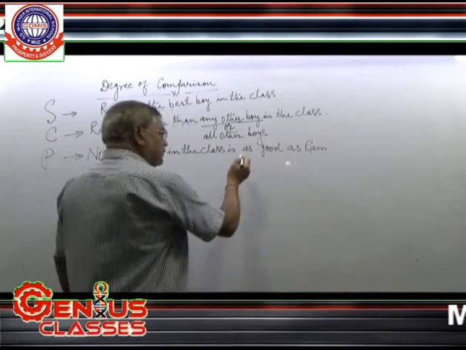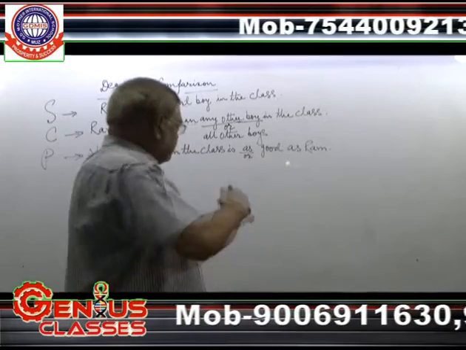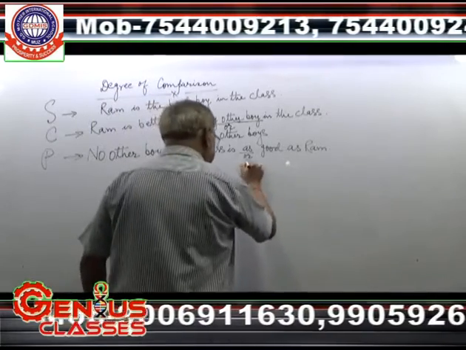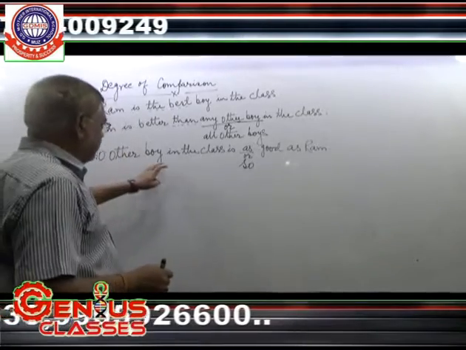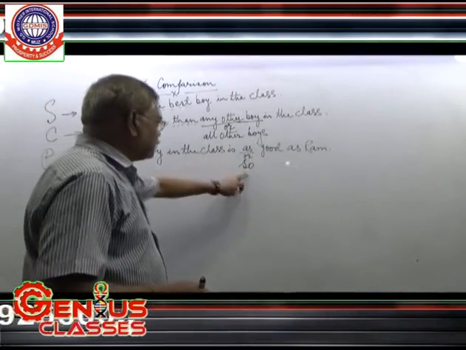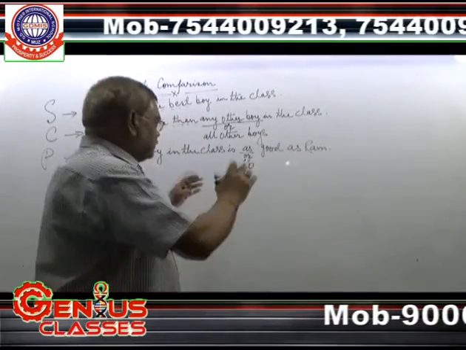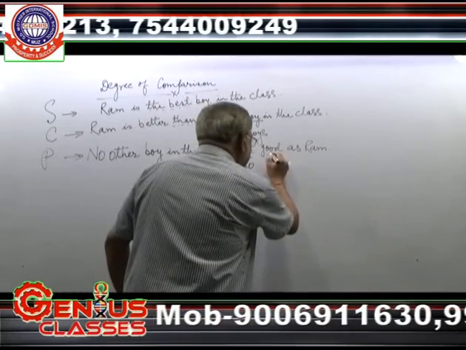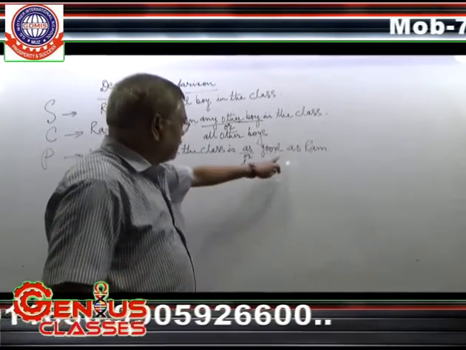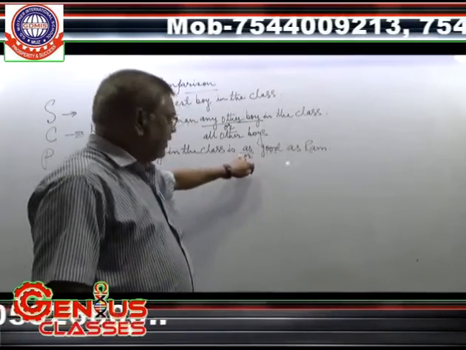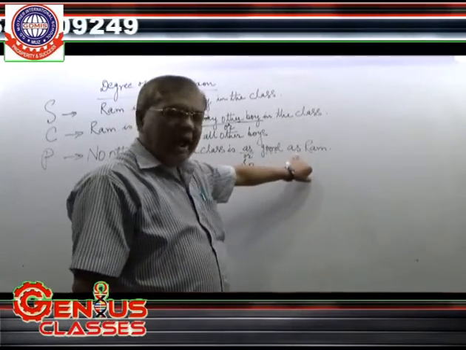Here the first as, another is also to be written, that is so. So, no other boy in the class is so good as Ram. After writing the positive degree, beforehand as should be written, and just after the positive degree, another as should be written.